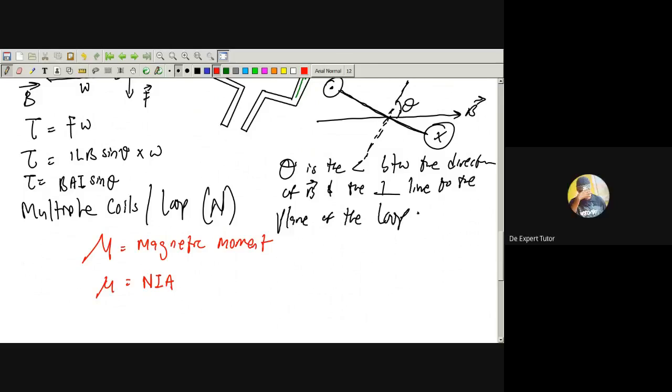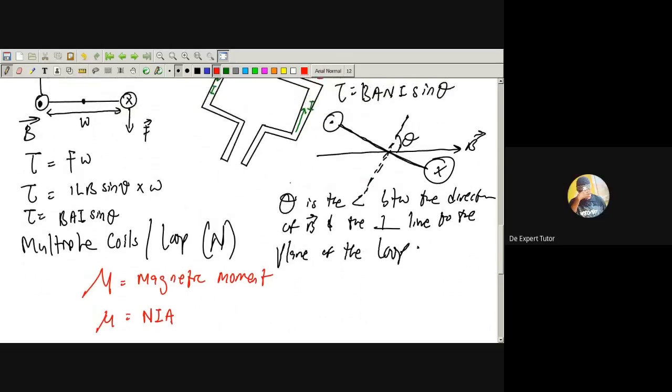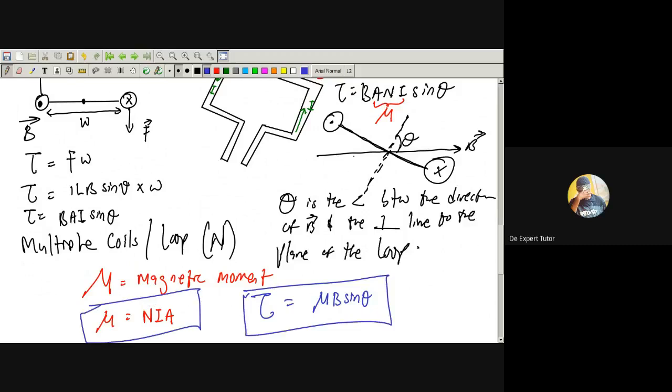So if I replace NIA in this formula with magnetic moment, my torque will be equal to what? Mu B sine theta. Just look at it. If I replace it here, I'll have mu B sine theta. Do you see that?